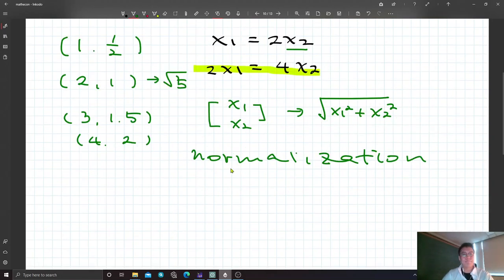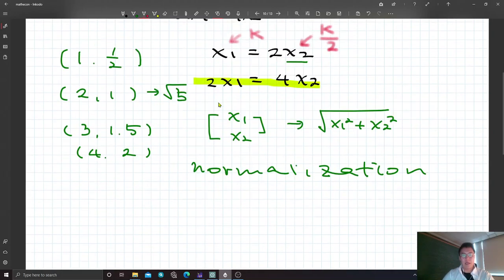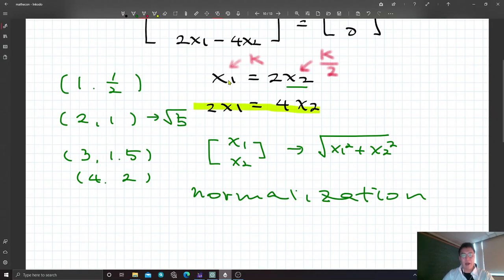So which vector has magnitude exactly 1? If you think about this problem, let me put x1 as k. Then x2 should be k over 2. So I just relabel the variables in terms of some constant k.